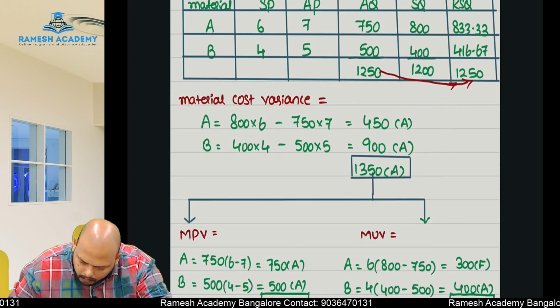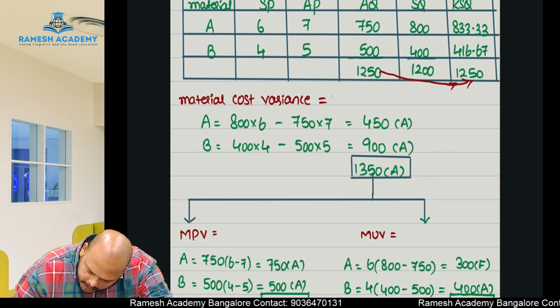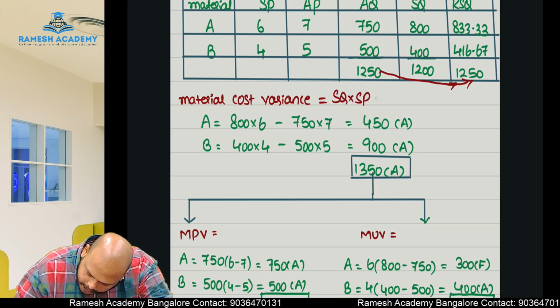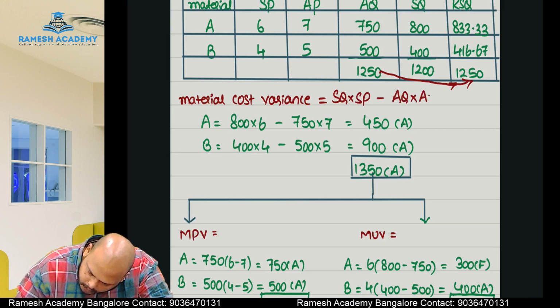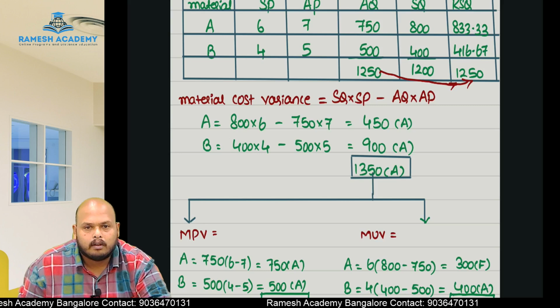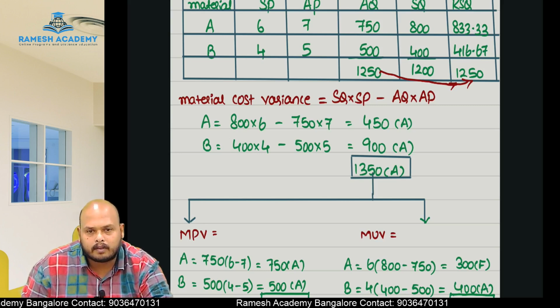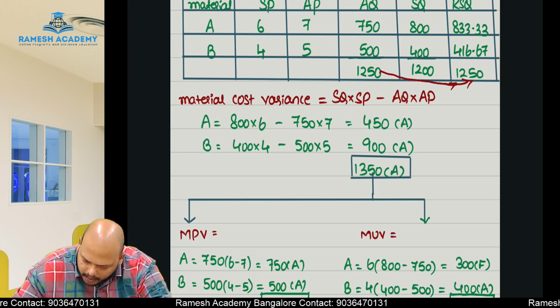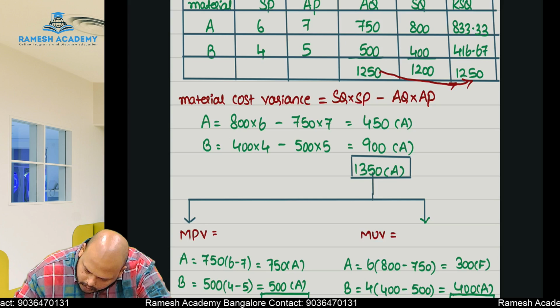So what is the formula we can write here? Standard expected is nothing but standard quantity into standard price minus actual quantity into actual price. Material cost variance is equal to standard quantity into standard price minus actual quantity into actual price.